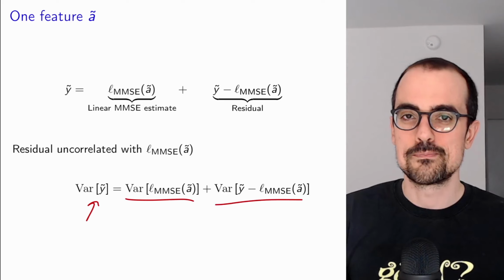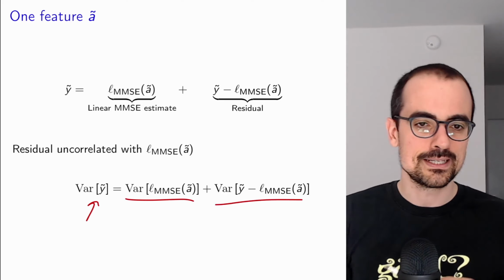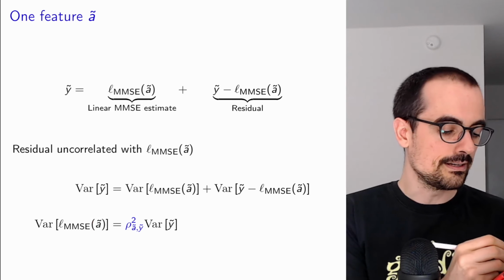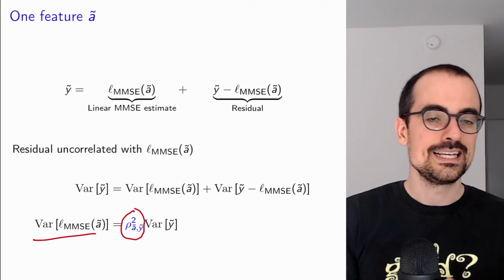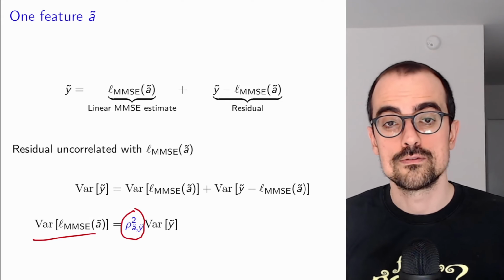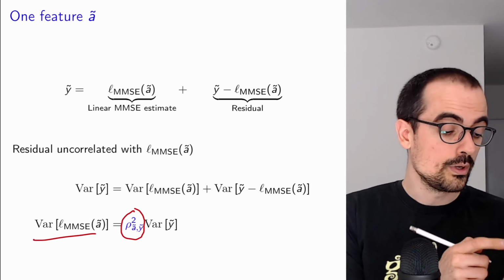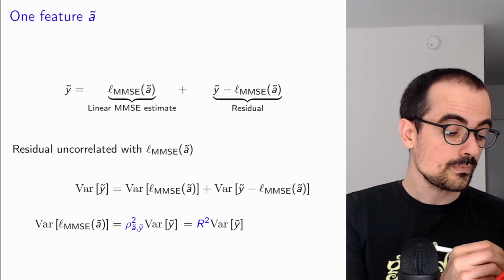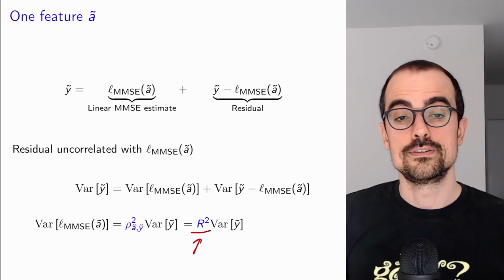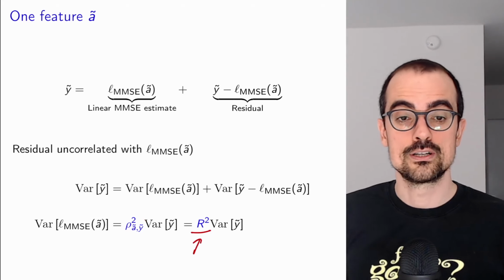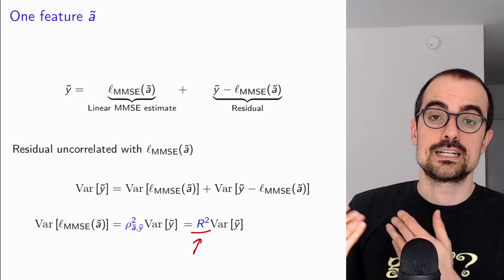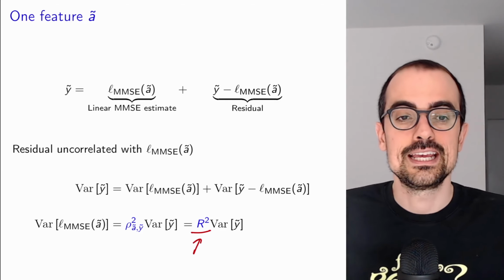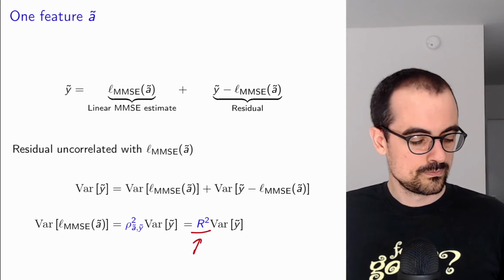Moreover, when we plug in the optimal linear estimator, we realize that the fraction of variance explained by the estimator is equal to the square of the correlation coefficient. We call that quantity the R-squared coefficient, or the coefficient of determination. That tells us to what extent the linear estimator explains the variations in the response.